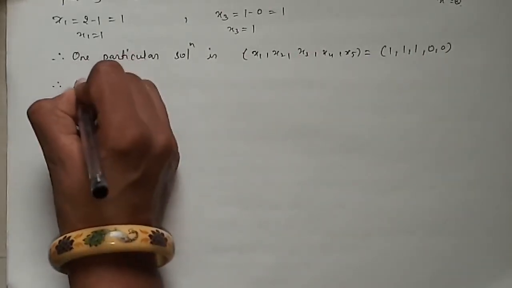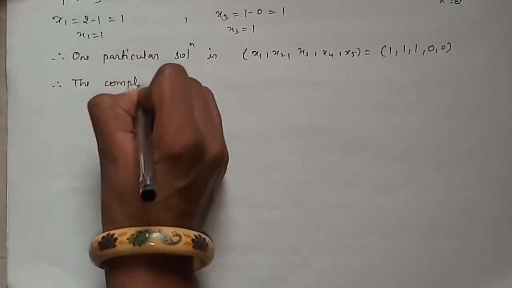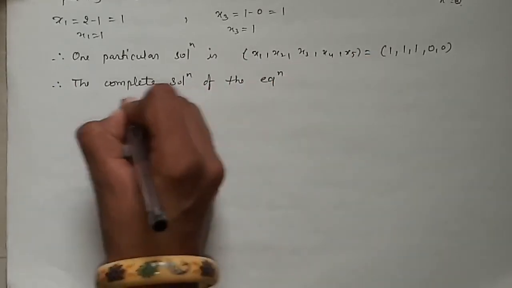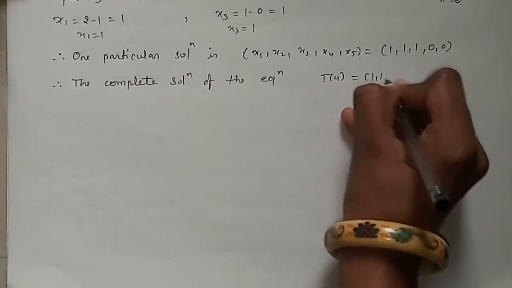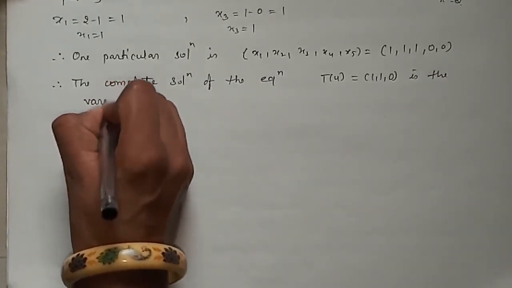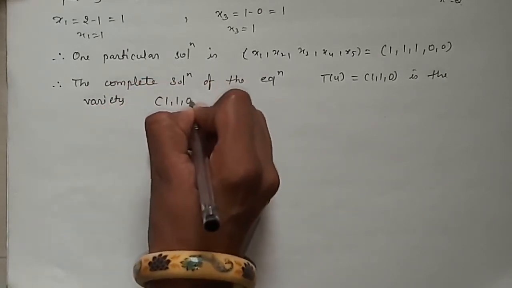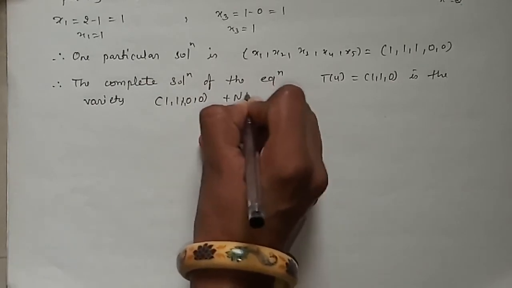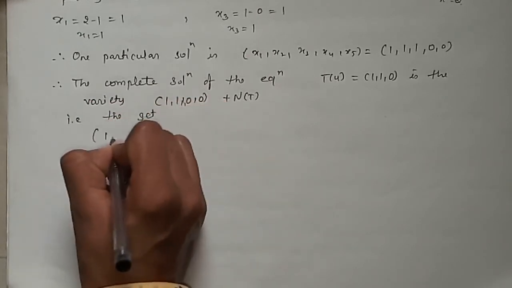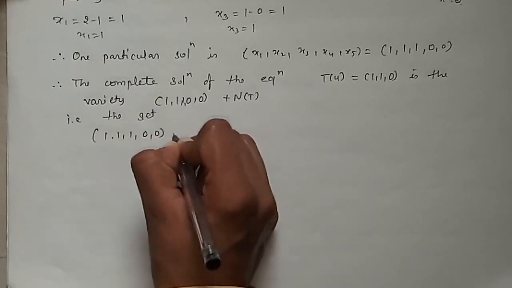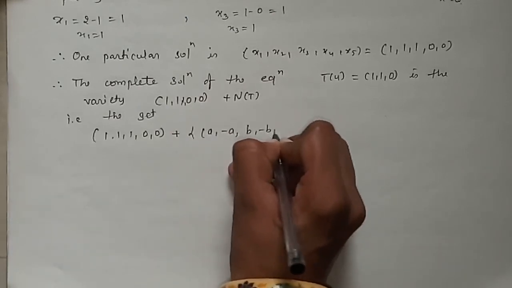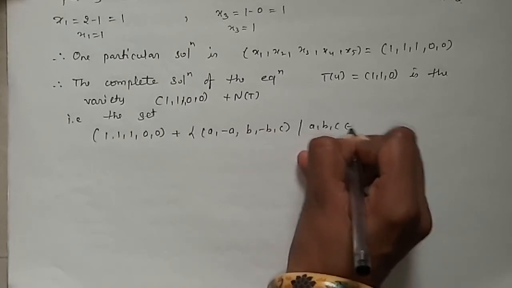Therefore, the complete solution of the equation, which was T of u equal to (1, 1, 0), is the linear variety (1, 1, 1, 0, 0) plus the nullity of T, that is the set of (1, 1, 1, 0, 0) plus (a minus a, b minus b, c), where a, b, c belong to real numbers.